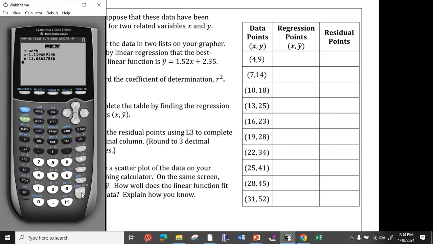My regression did not come out to be their regression. Okay, yeah, that's what I got.